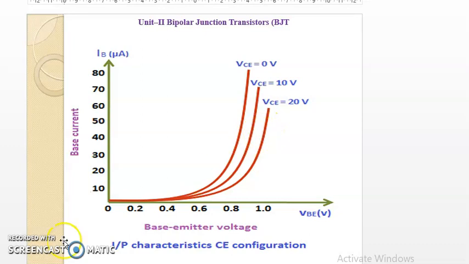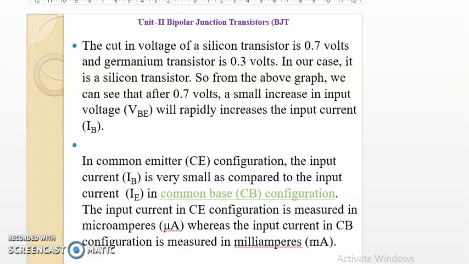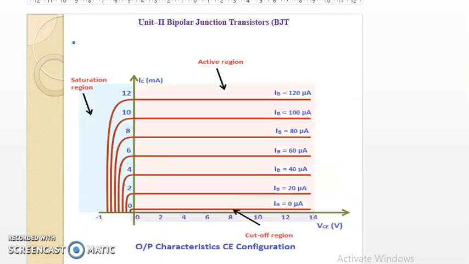So here we have seen in detail the input characteristics of a transistor. The remaining matter about output characteristics we shall see in the next lecture. In output characteristics, in short, I will tell you now that VCE, collector emitter voltage, I mean output voltage, is taken along the x-axis, and what is taken along the y-axis?